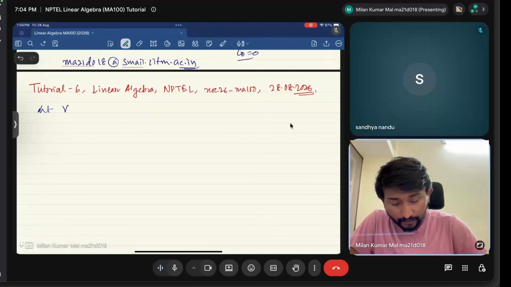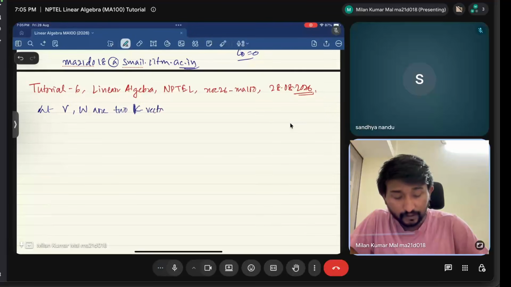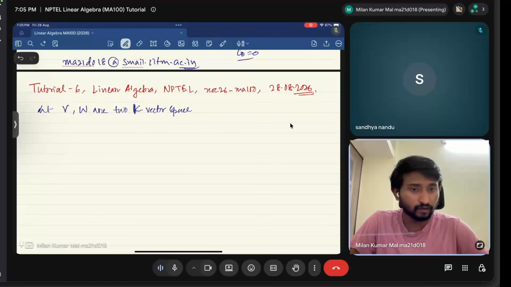Let V and W be two K vector spaces. That means they are vector spaces over the field K. We can consider K to be the real or complex numbers.